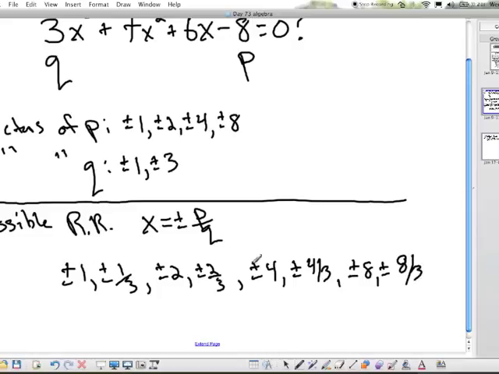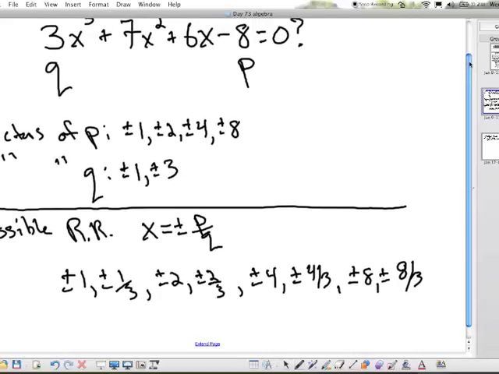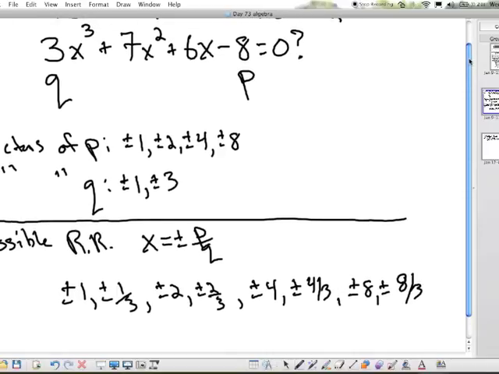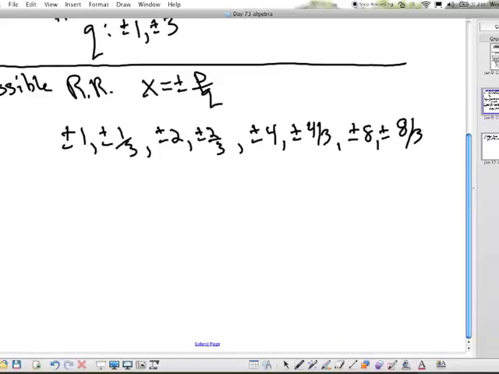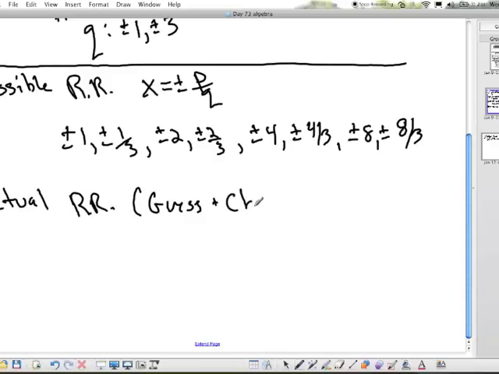So these are all the possible rational roots we can have that satisfy the polynomial 3x^3 + 7x^2 + 6x - 8. Okay, now we actually want to find the actual roots. So the actual rational roots, this is guess and check with the calculator.